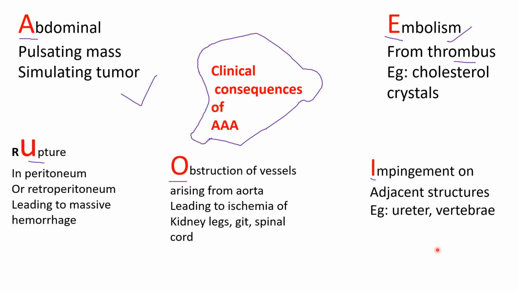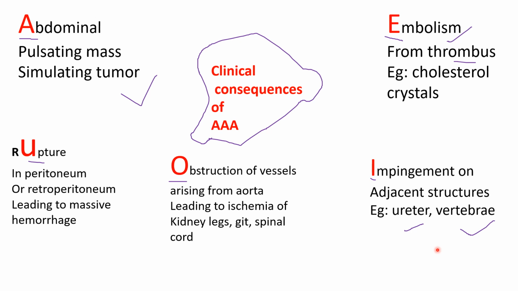And then this large mass, that is the aneurysm, can impinge on adjacent structures like the ureter and the vertebrae, and the patient can present with symptoms because of impingement on those adjacent structures. Or there are vessels arising from the abdominal aorta, and these vessels supply the kidney, legs, gastrointestinal system or the spinal cord.